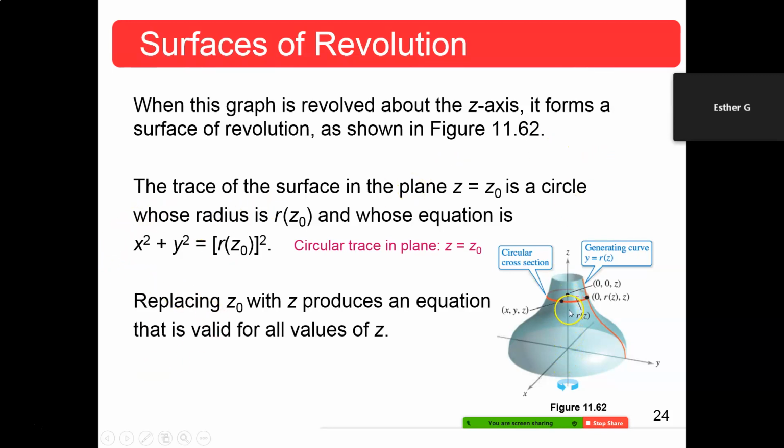To me, that's beginning to look a lot like a Hershey's Kiss. When the trace of the surface in the plane z is equal to z0 is taken, the trace is a circle whose radius is r of z0.